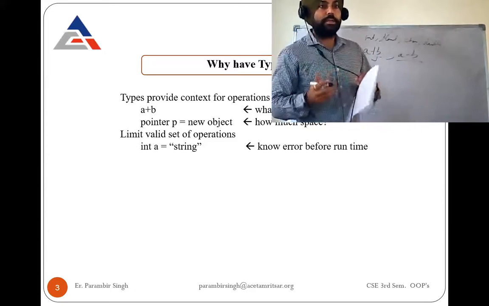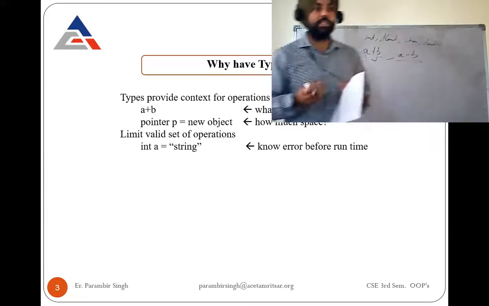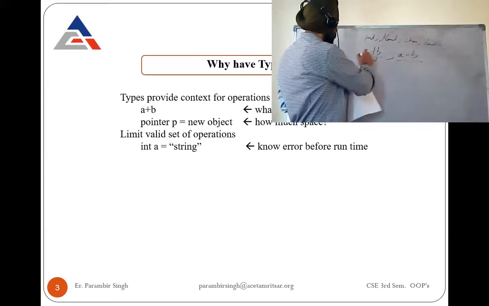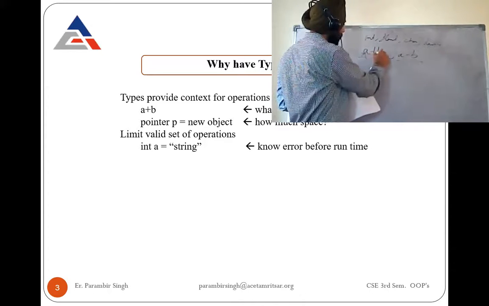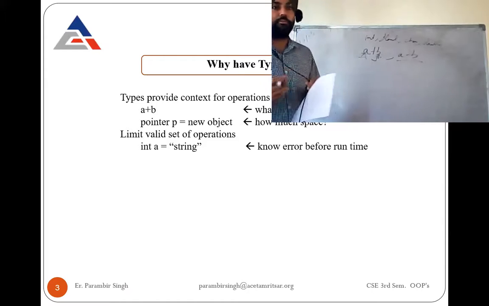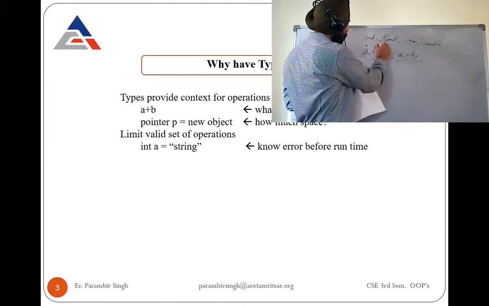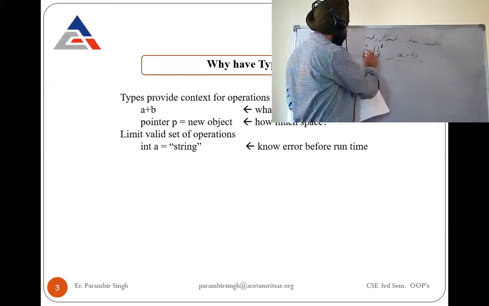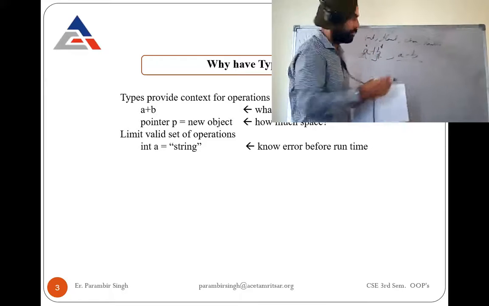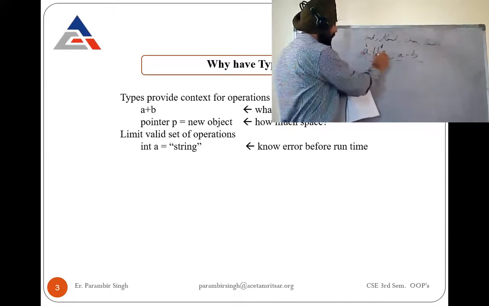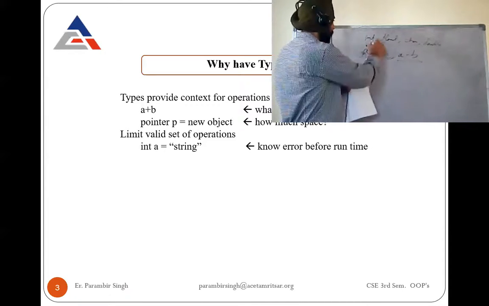It also tells how much space is needed, because we have two different types of variables here. We have operands and an operator. A and b are operands and plus is an operator.